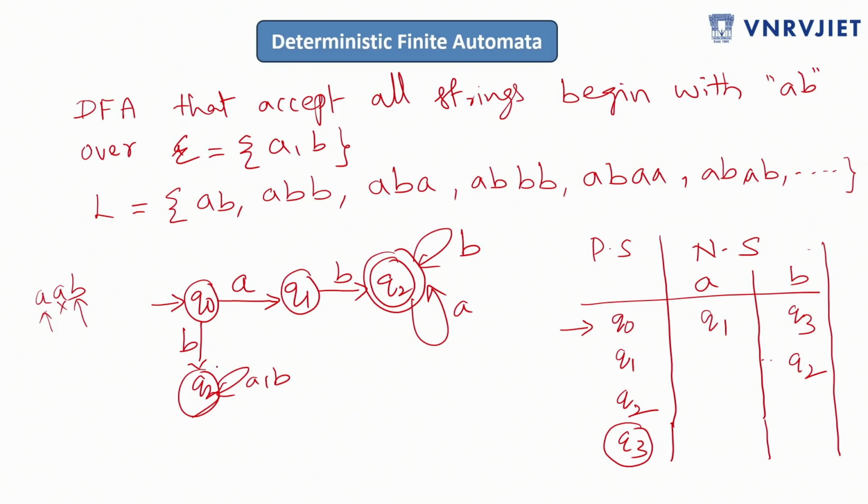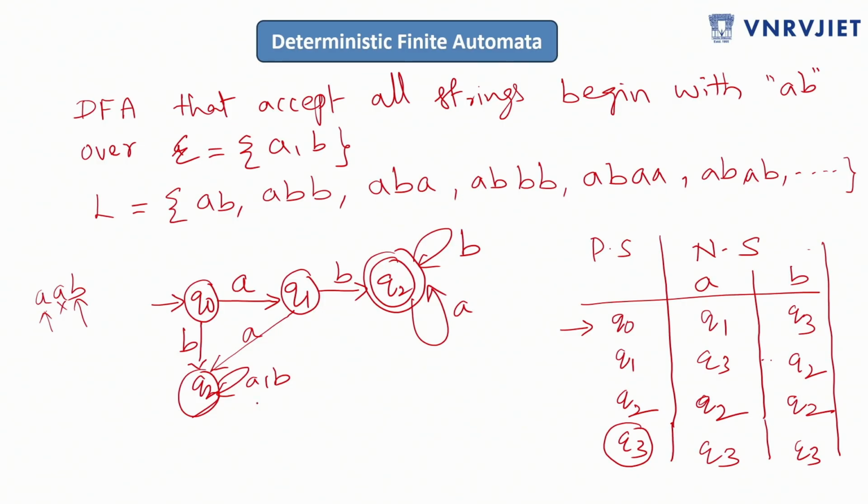Immediately, we should draw that this string AAB is not acceptable, because the string should begin with AB; instead, it begins with AA. So here I am writing A. Q0 on A goes to Q3. Q0 on B, Q2. Q2 on A goes to Q2. Q2 on B goes to Q2. Q3 on A goes to Q3. Q3 on B goes to Q3.